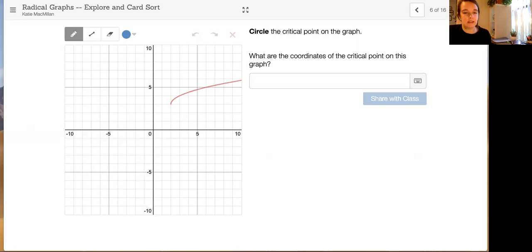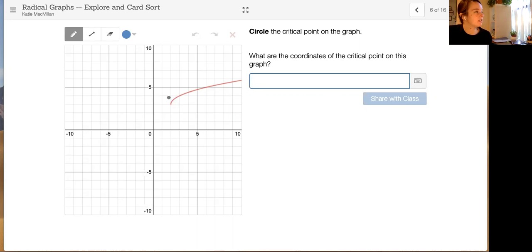Definitely looking good. Nice. And then you're going to put what are the coordinates of the critical point. So you're going to click in here, use your parentheses, coordinates of the critical point. You don't need to type a sentence in this case. Thank you for trying to restate the point here, but you're just going to go ahead and put the coordinates of the critical point.